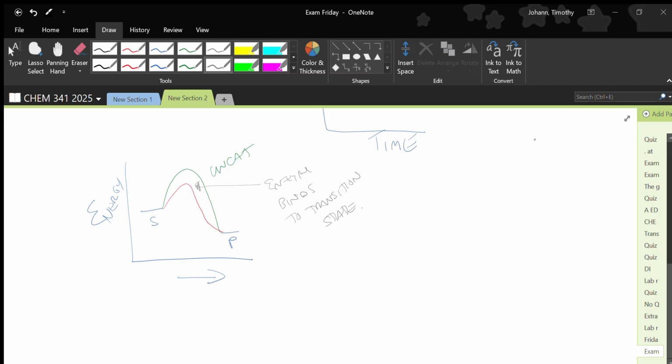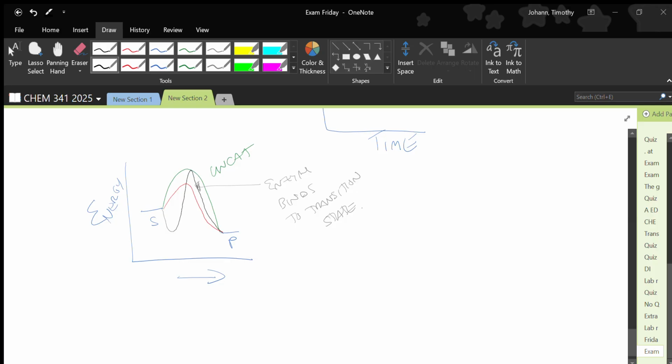If we bound tightly to the substrate, we'd pull the substrate energy down. We'd pull the complex of the substrate energy down, and then it would look like this. I'm going to erase this after I draw it. But if we bound tightly to the substrate, we'd pull this down here with our binding, right? And then we'd still have to get all the way up here again to come back.